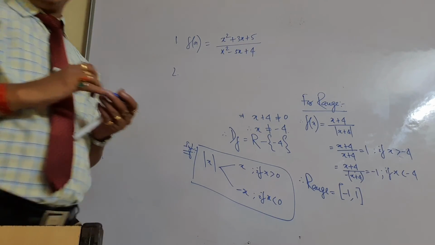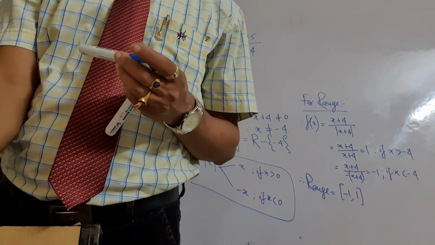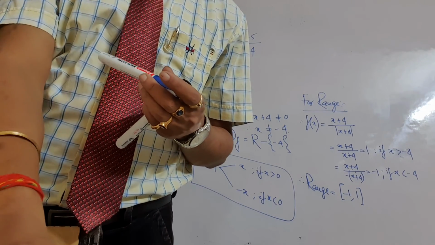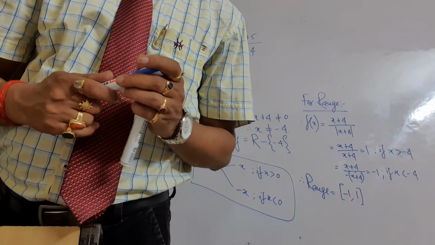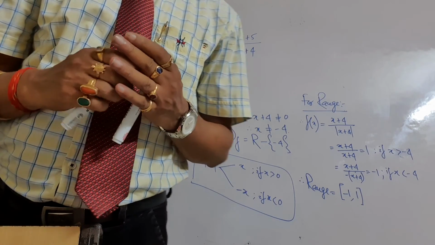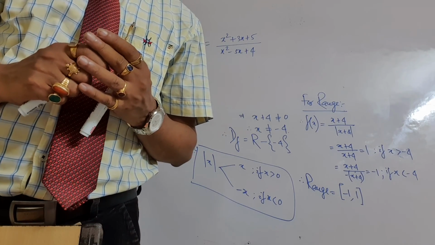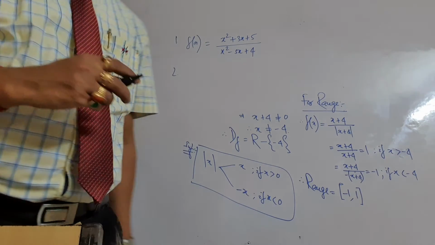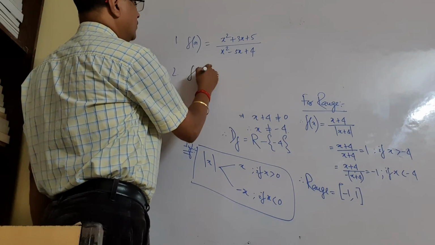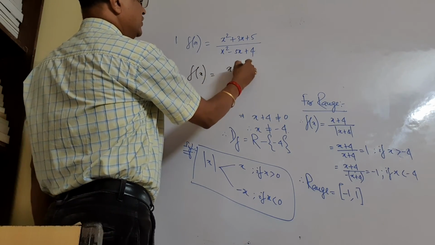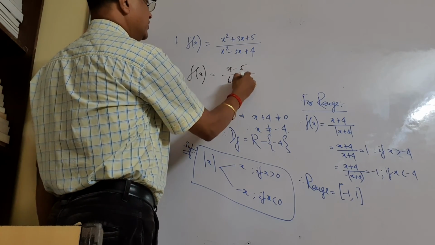Number 2: f(x) equal to square root of (x minus 5)(6 minus x).